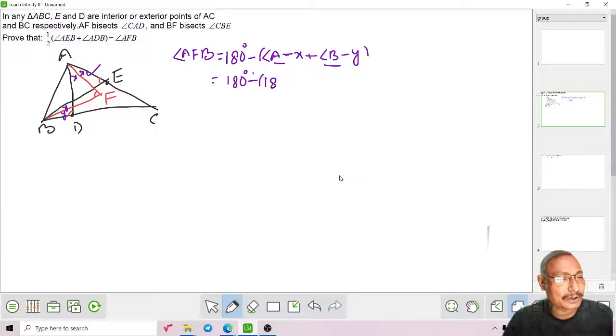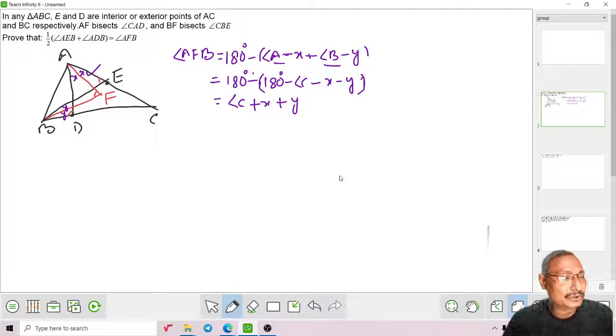So we can write this as 180 degrees minus angle C. So we concluded by opening the brackets: 180 cancelled out, angle C became positive, and x and y, minus and minus, make it plus. So this is equal to C plus x plus y. Okay, so now we could know the angle AFB.